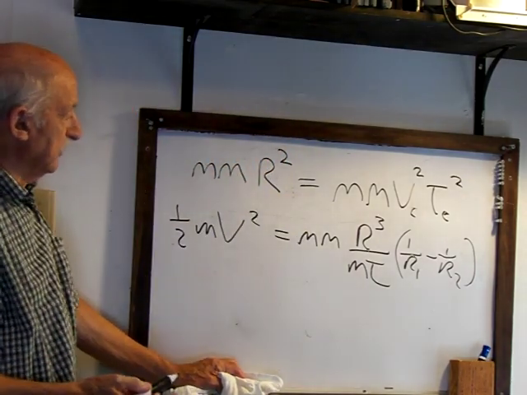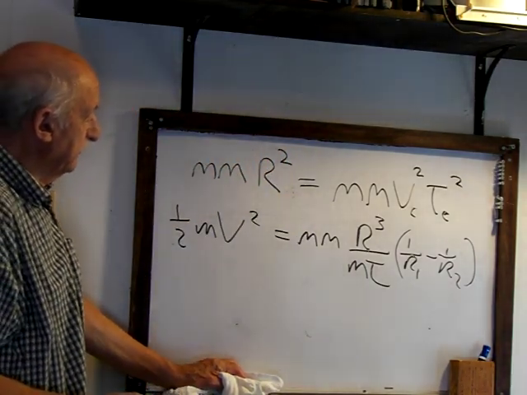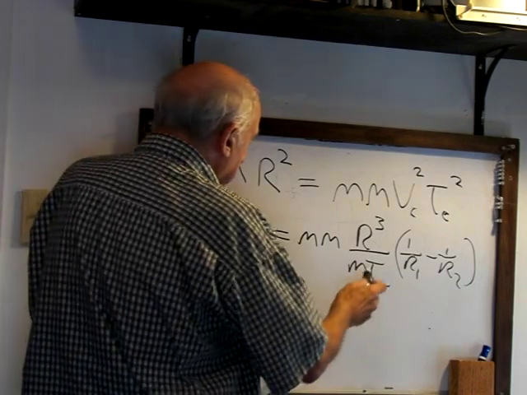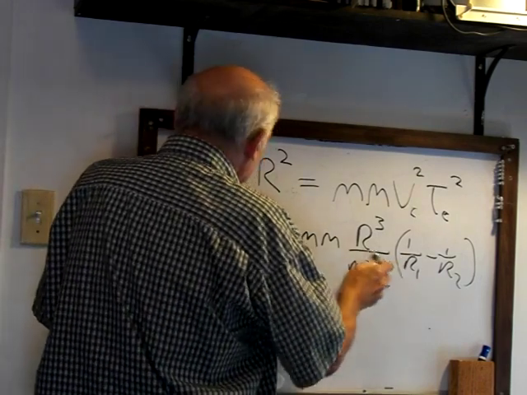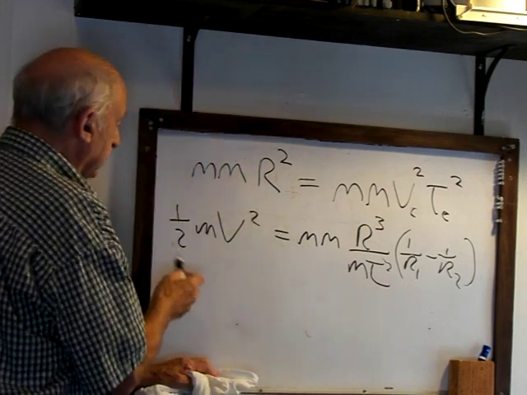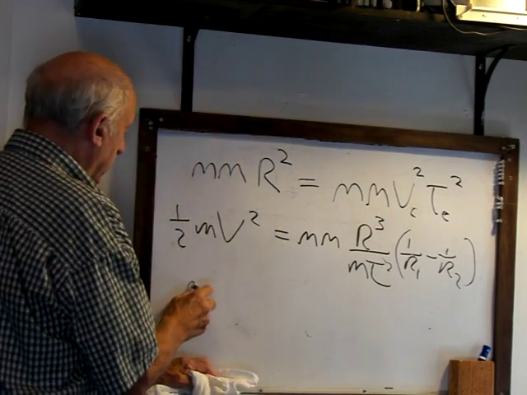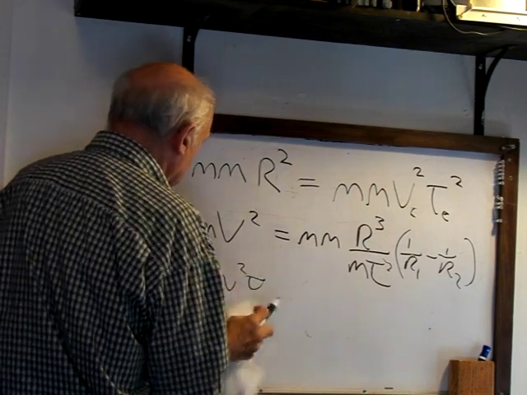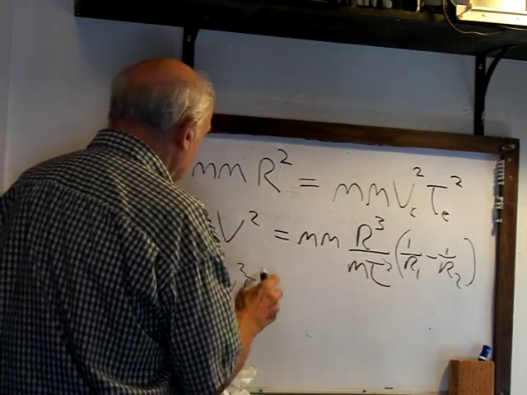If you multiply both sides by mT squared, you get over here mv squared T squared, the period squared.